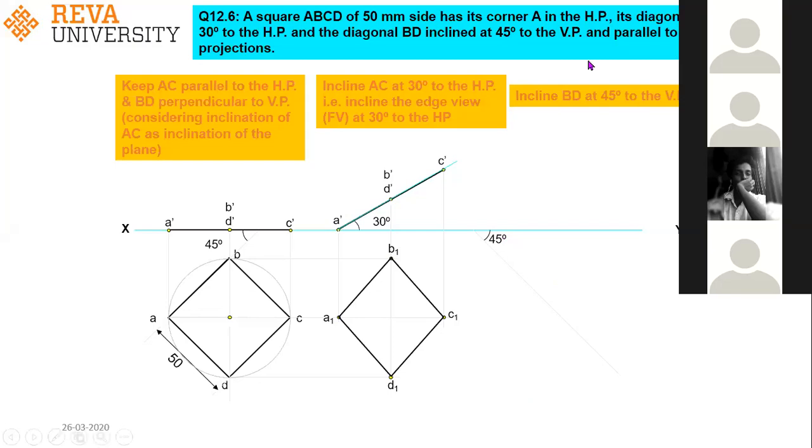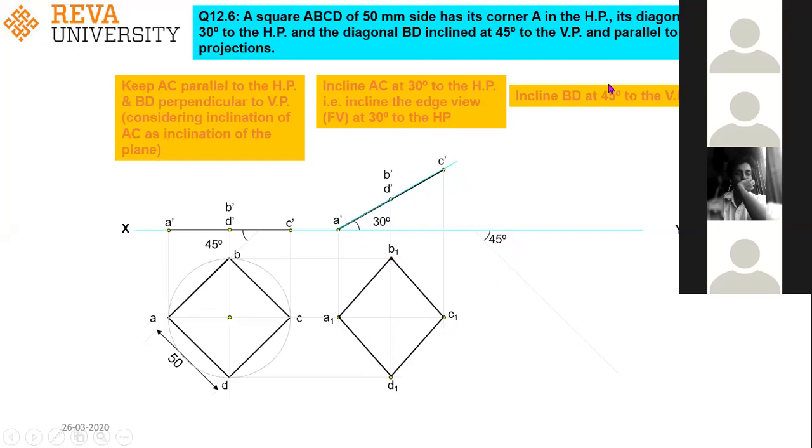Now, it's very important. He says the angle inclined at 45 degrees is with respect to BD, not here. There are two diagonals, A and C and B and D. The second question says AC inclined at 30 degrees. The third question says the diagonal BD inclined at 45 degrees. That means I have to take this line along this one.